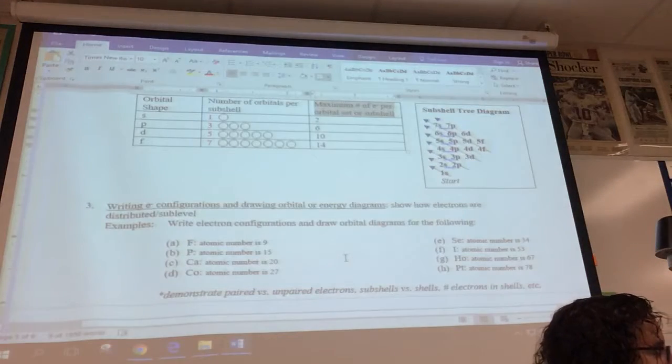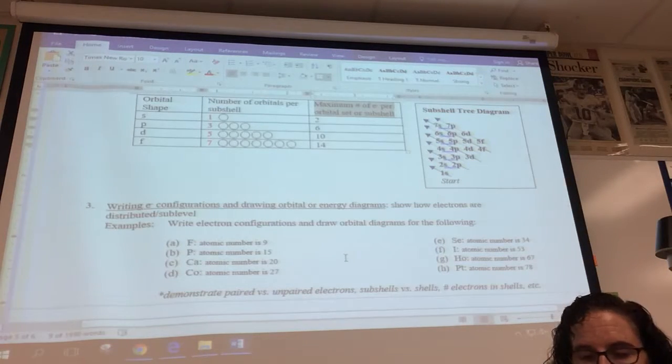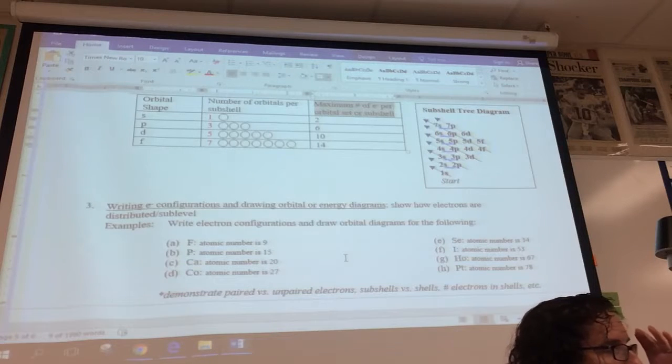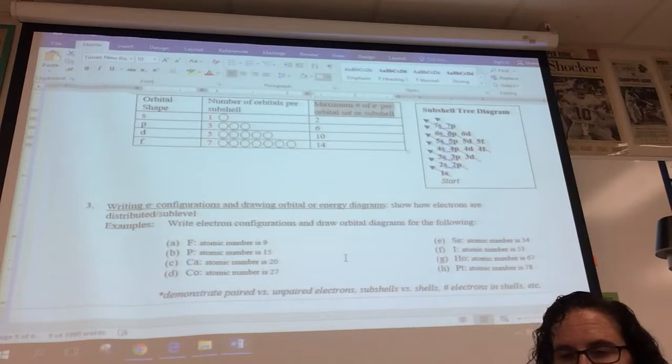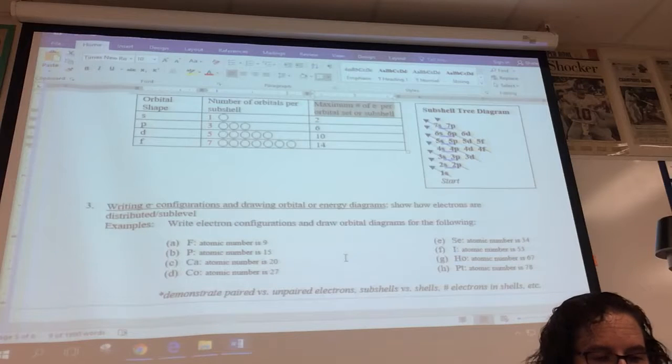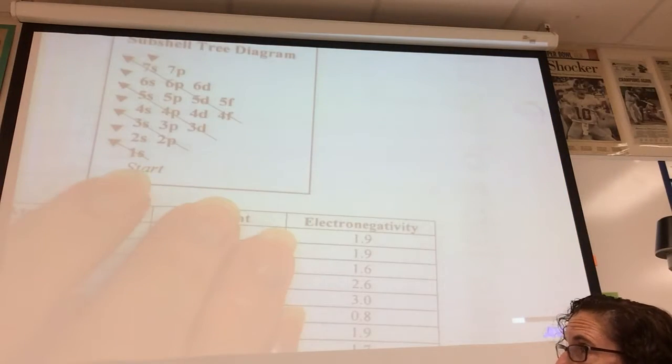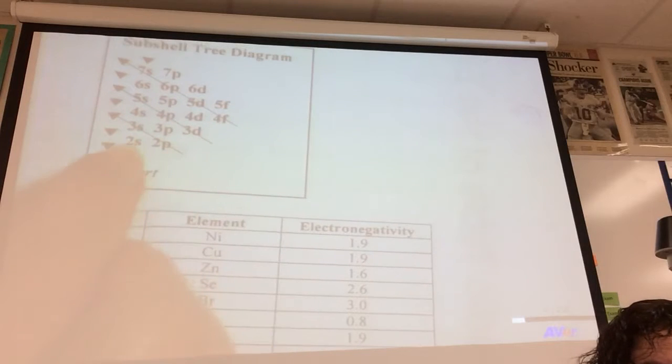And now I want to show you how to write them. Again, the subshell tree diagram here is in your notes. I did put it directly on your quiz to make life easy for you. You should modify the back of your periodic table slightly if it's not clear.